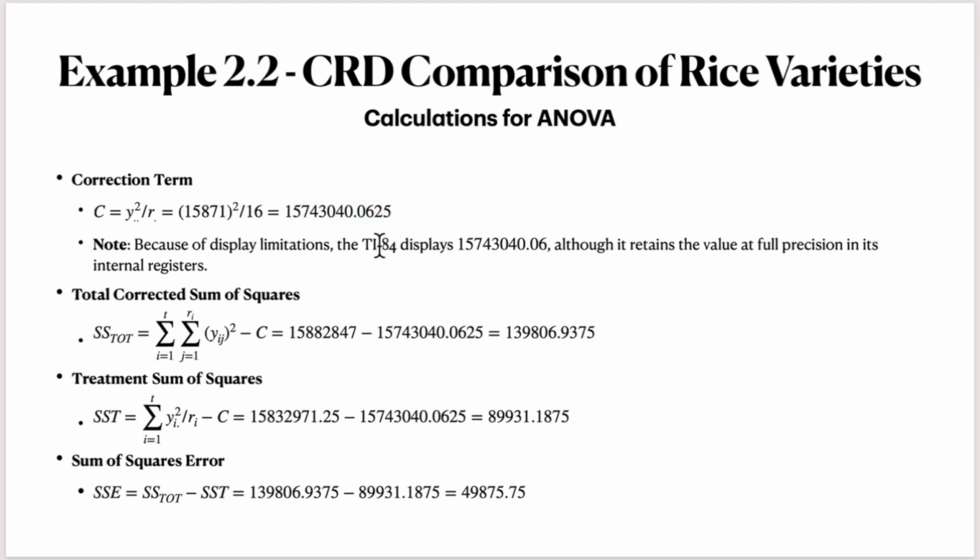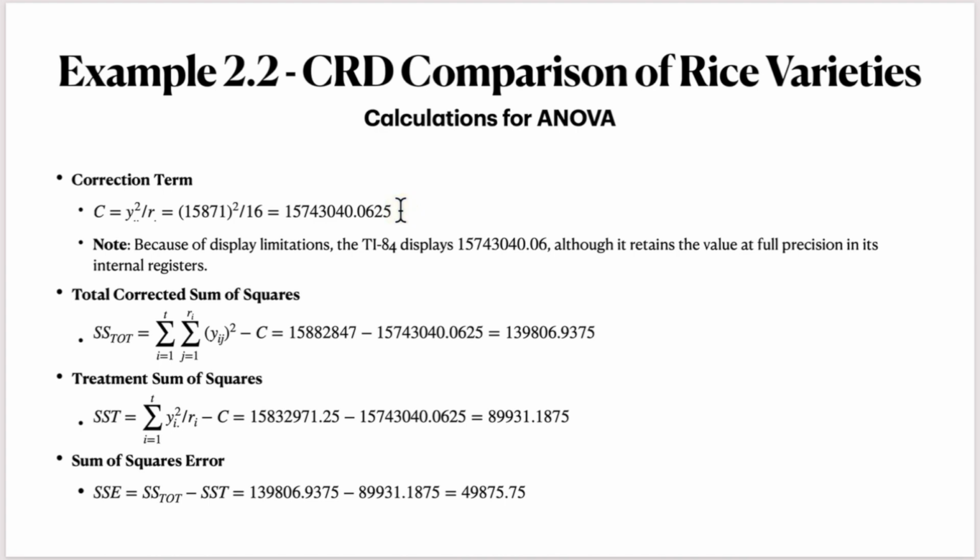Now notice, if you happen to have a TI-84, and it's probably going to do this on other calculators as well, because they probably don't even have as many places they can display as the 84. When I do this calculation on the TI-84, what it displays is a rounded version of that quantity. In its display, it rounds off to 2 decimal places, so it only shows 0.06.